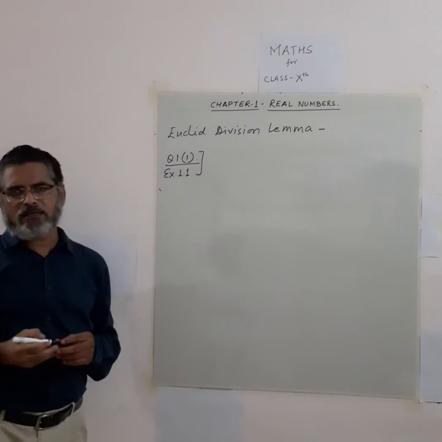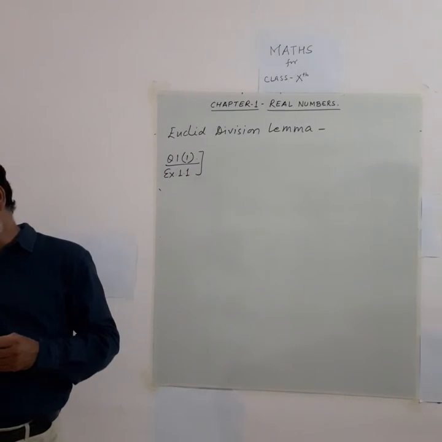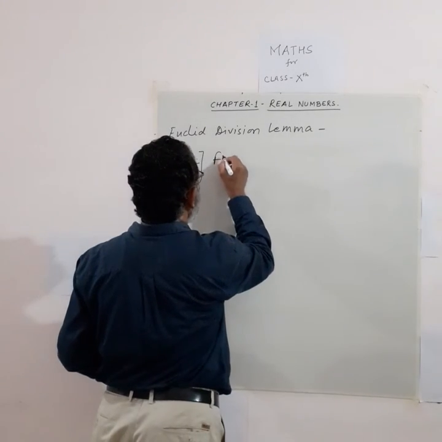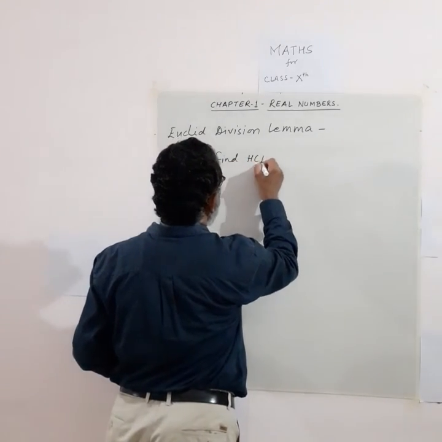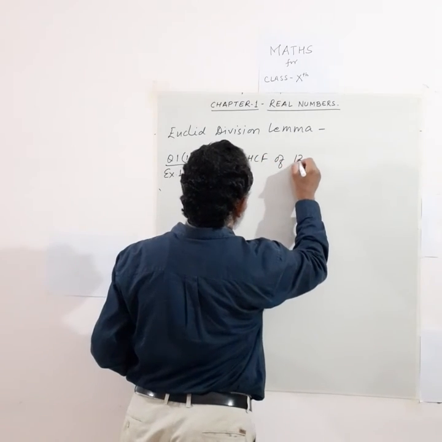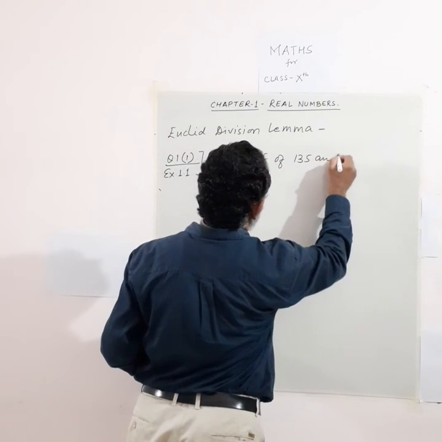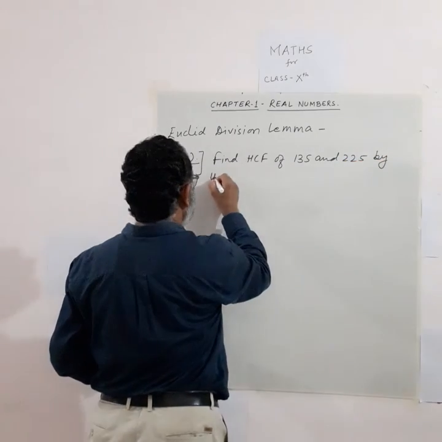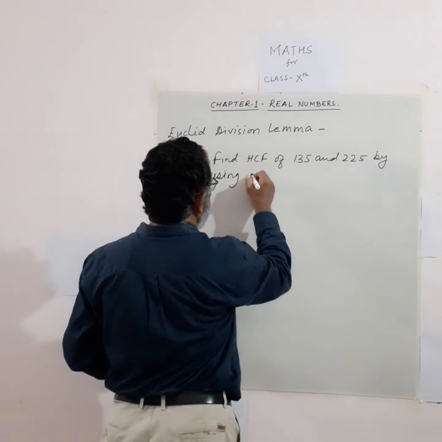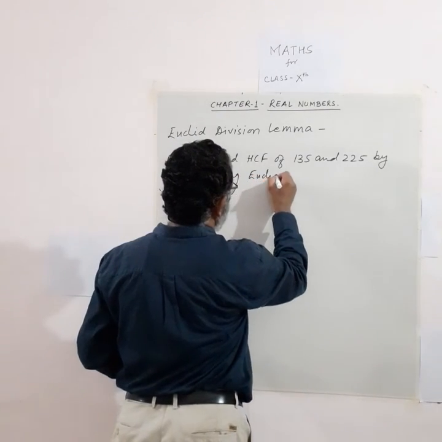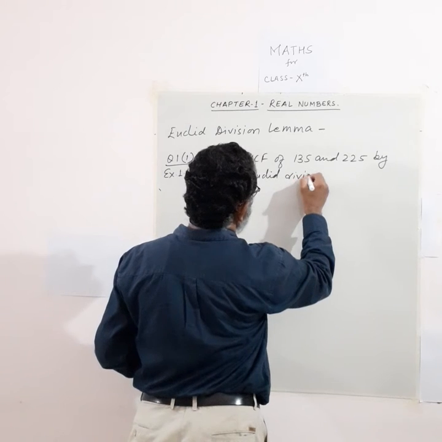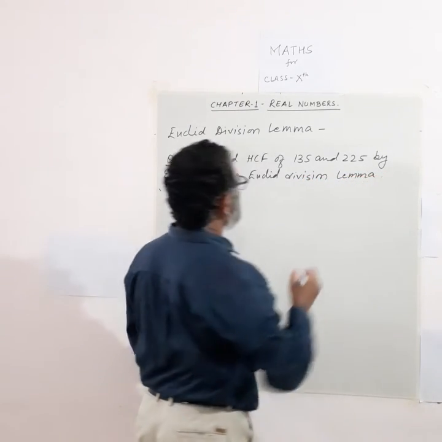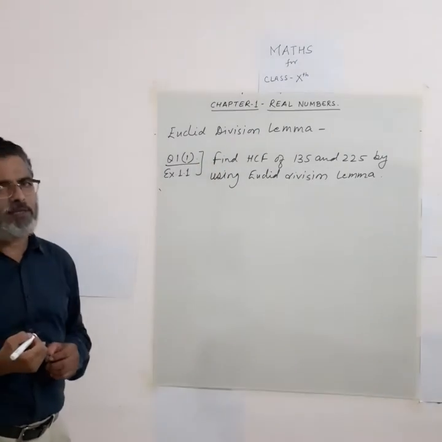Here, find the HCF of two numbers 135 and 225 by using Euclid's division lemma. This is our question number 1 of this exercise.